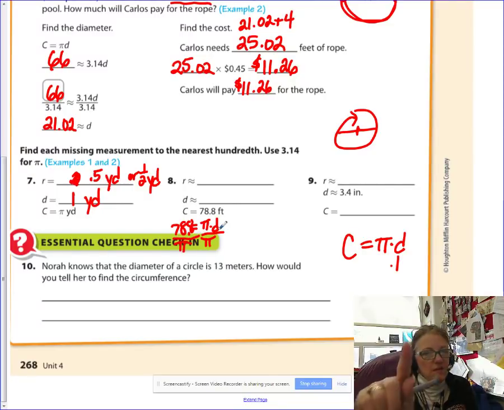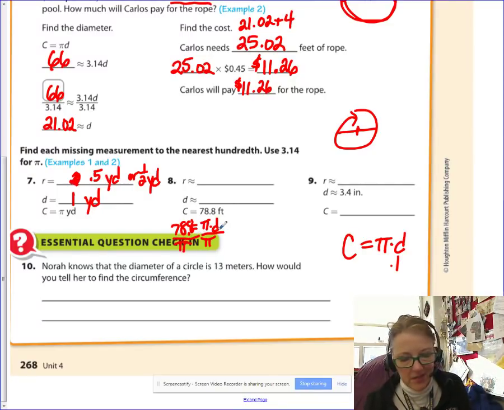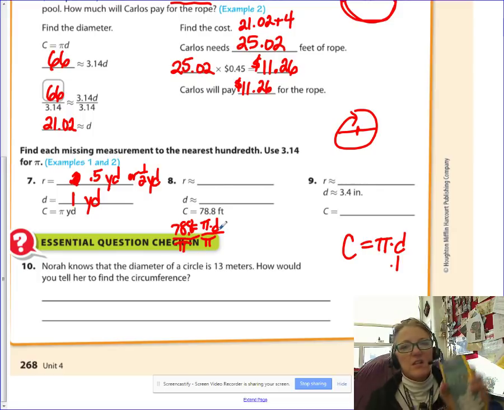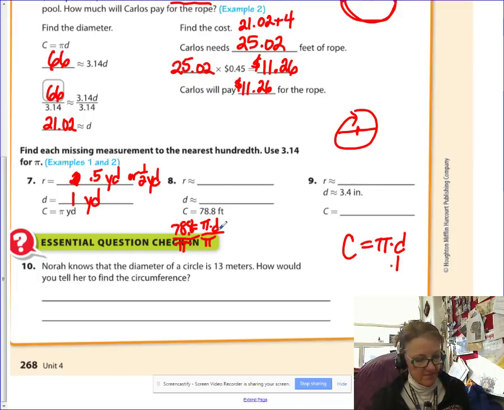I'm going to tell you, even though your calculator has a pi button, will you do this? Just take 78.8. Divide it by the decimal approximation, which is 3.14. That way we're consistent. And I get about 25 point. Now look at that, 0.95.